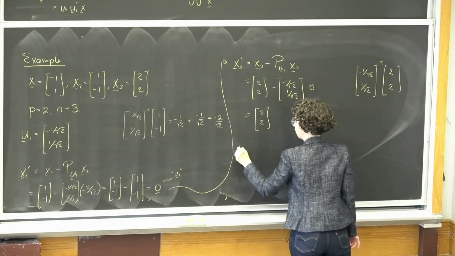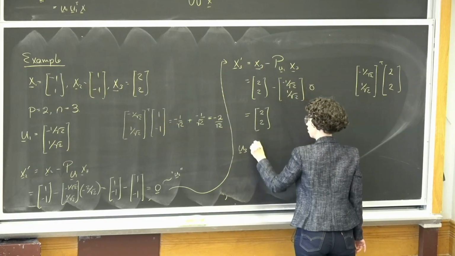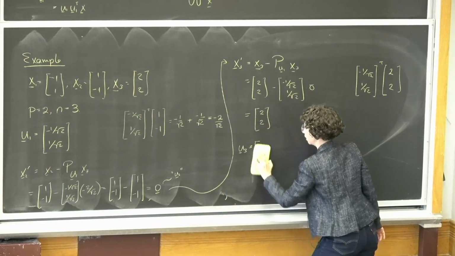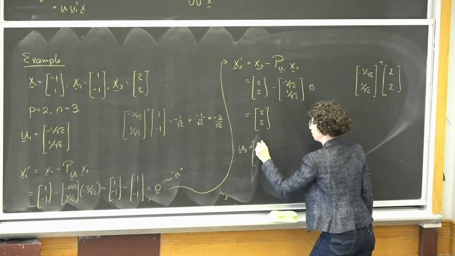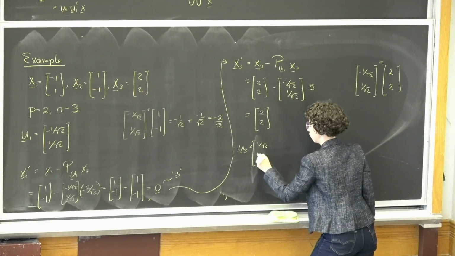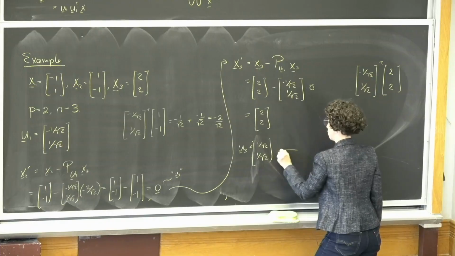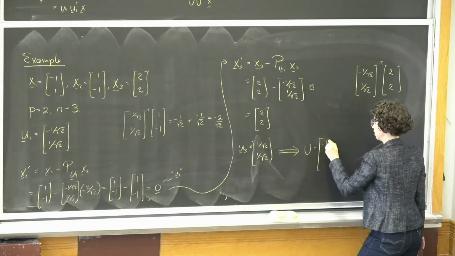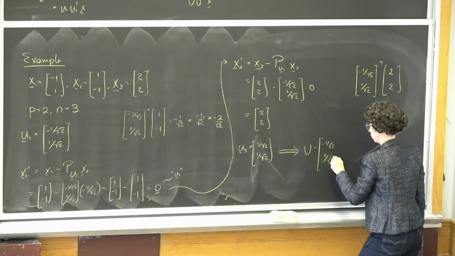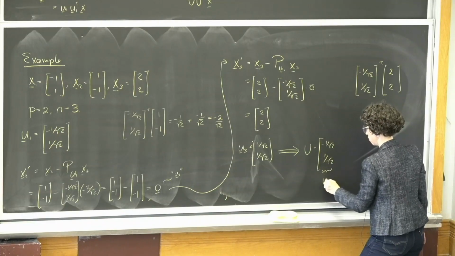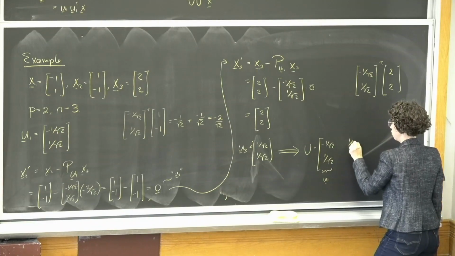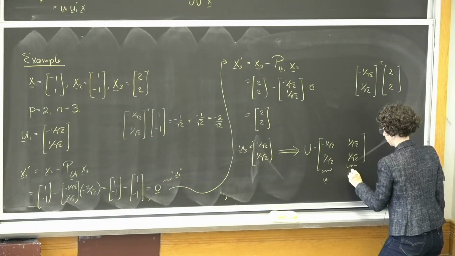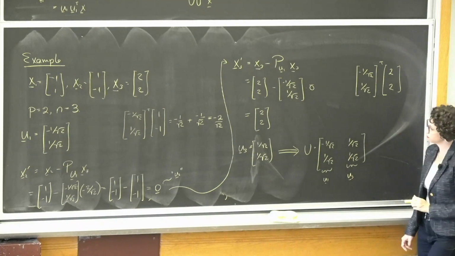And so our final basis vector is going to be this divided by its norm, which is simply going to be 1 over root 2, 1 over root 2. And so putting all the pieces together, our final basis is negative 1 over root 2, 1 over root 2. This is our u1 vector, and 1 over root 2, 1 over root 2, and this is our u3 vector.